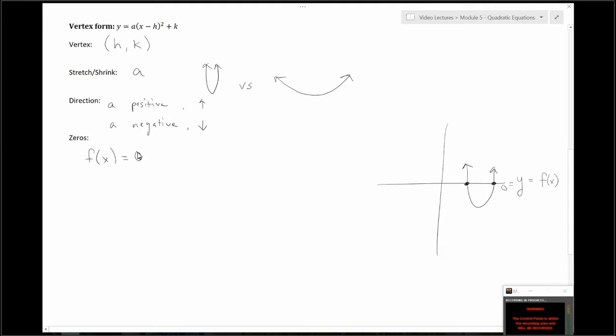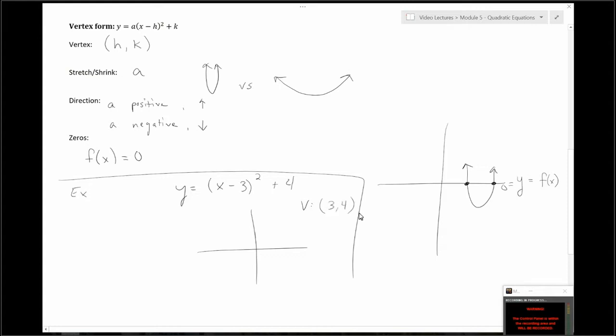Now, the thing about vertex form is it's really nice when I want to graph something from vertex form. For example, if I have y equals x minus 3 squared plus 4, it's very easy to give a general picture. The vertex is at 3, 4.